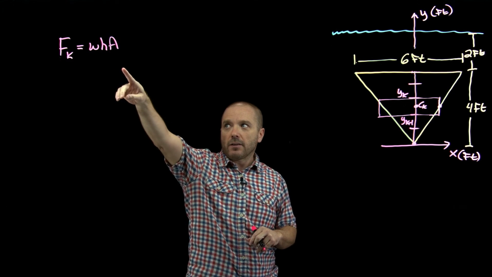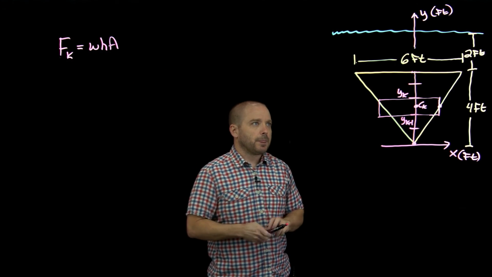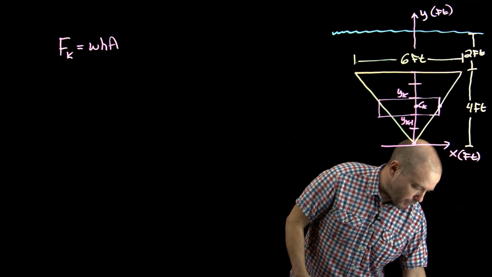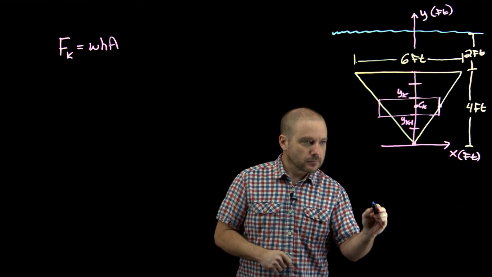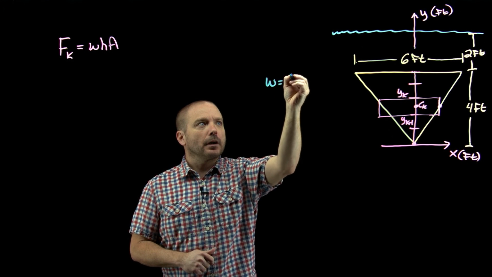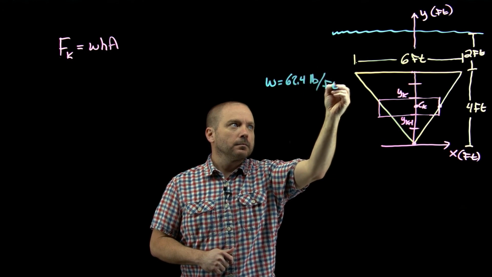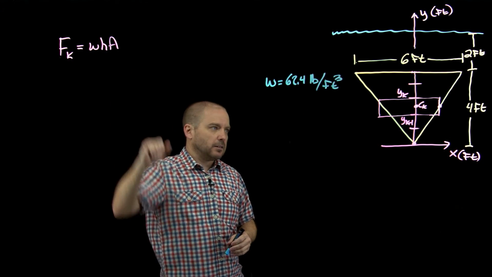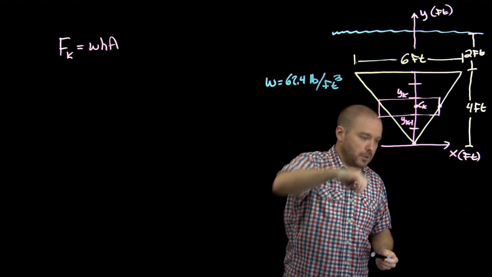So let's figure out these three things in this particular scenario. Let's say that this is our typical water with a weight density of 62.4 pounds per cubic foot. So that'll be given, so that'll be easy, just plugging in whatever the weight density was for the particular fluid.